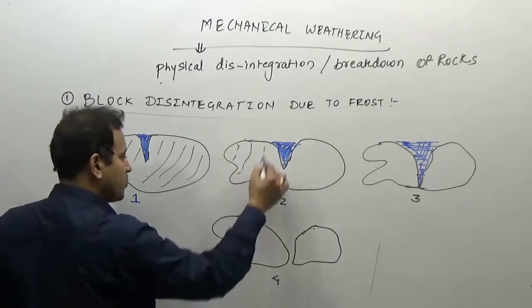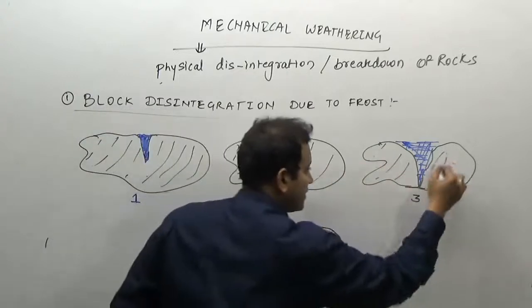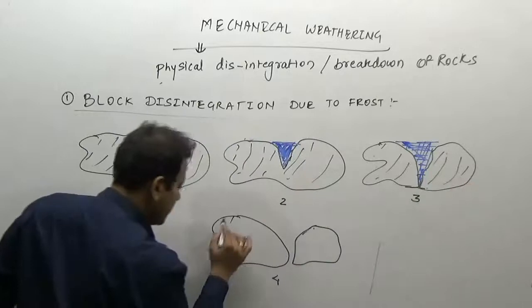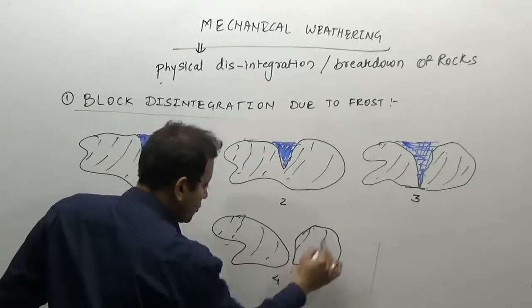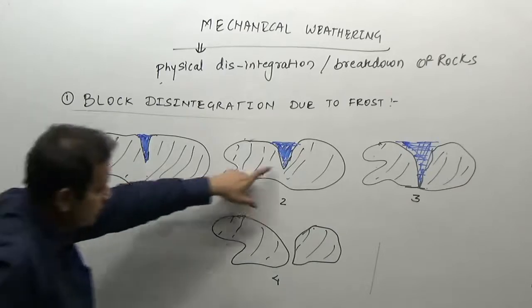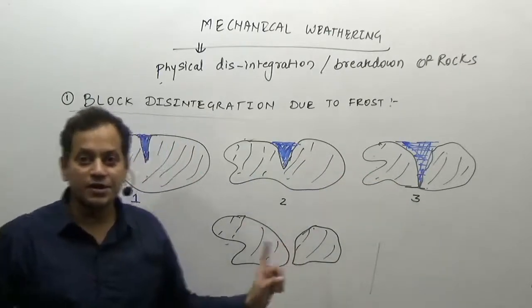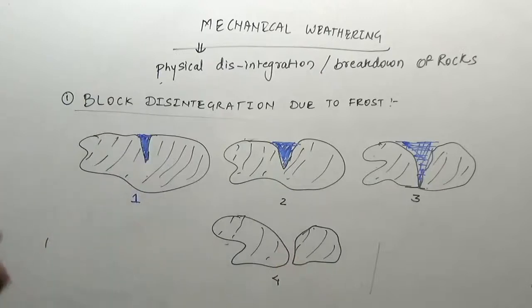During the night time, this water expanded. The expansion increases the volume of the water by 10%, so as the water freezes into ice, the crack expands. During the daytime, the ice melts away. With alternate freeze and thaw, this results in expansion of the crack, ultimately leading to disintegration. Such a disintegration is known as block disintegration of the rock.